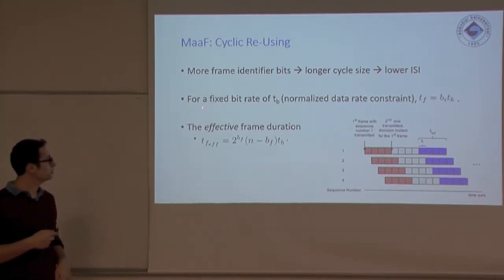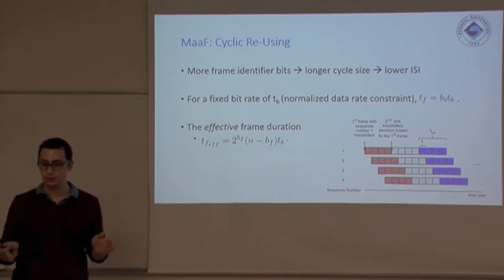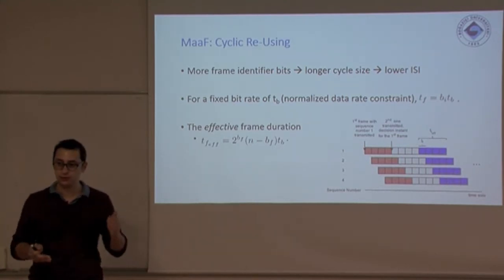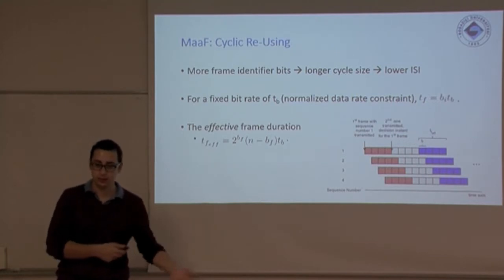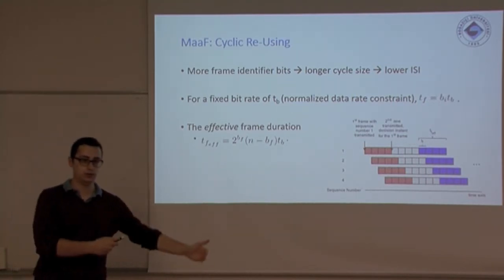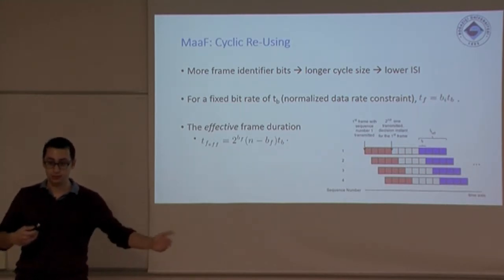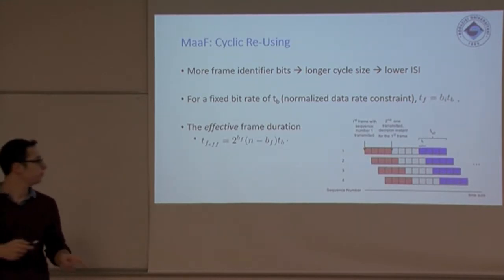Yeah. So for a fixed rate of TB, we have BI bits inside a certain frame. So we can send these frames with TF equals BI times TB in between, right? So the higher the BI is, the higher the frame duration can be. Remember, this is for every frame though.